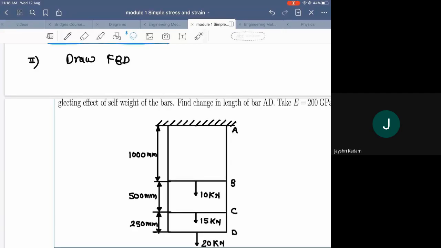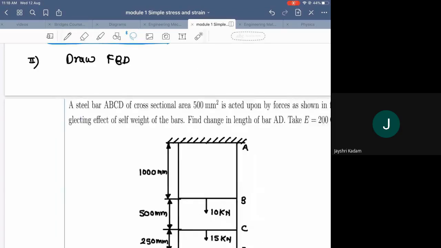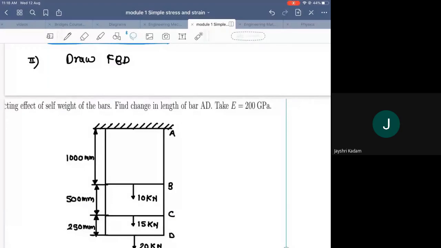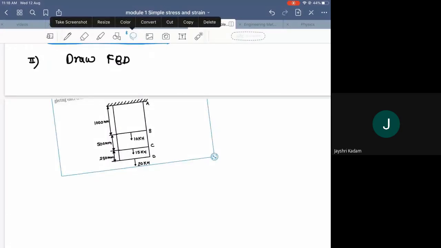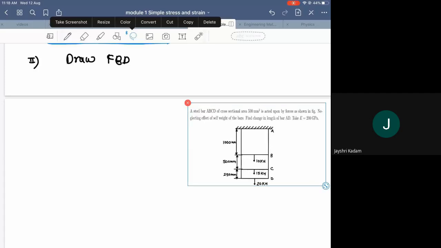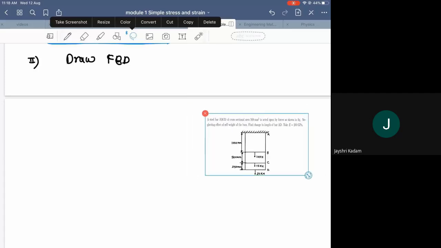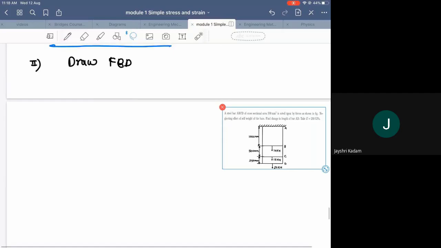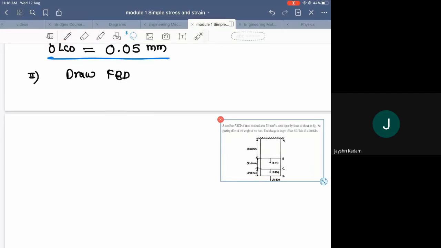Yes. Now I will put it here. So it is convenient for me. Okay. So draw the free body diagram. I am making a cut.